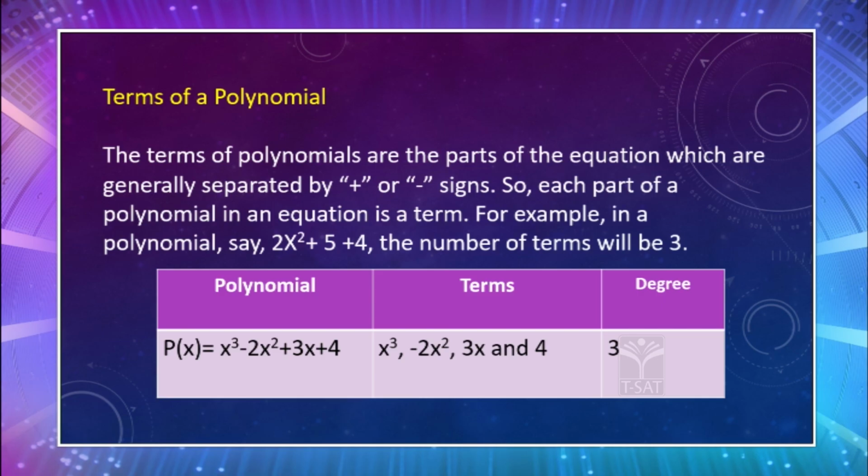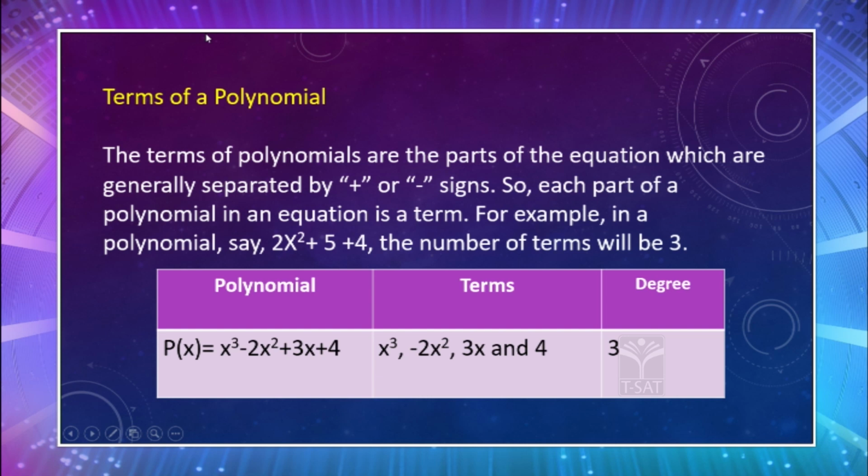So, each part of a polynomial in an equation is a term, already I said. It is an algebraic sum, maybe addition, maybe subtraction. So, each one is said to be a term. So, this polynomial x cube minus 2x square plus 3x plus 4 has 4 terms.